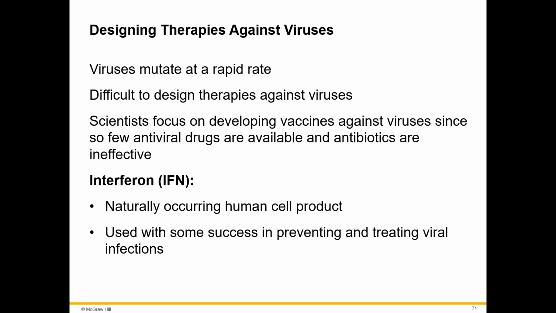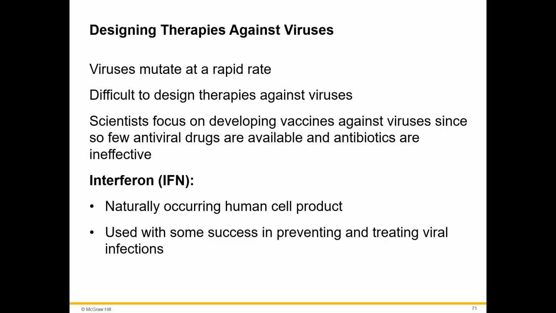So at least we can slow down the rate of progression of this virus. Interferon is a naturally occurring human protein that has had some success in preventing and treating viral infections, but even that is unsafe in high levels, and you have to really monitor how many doses you give to a patient.